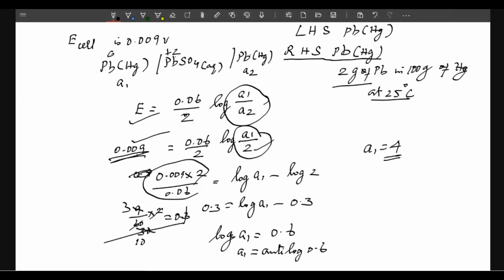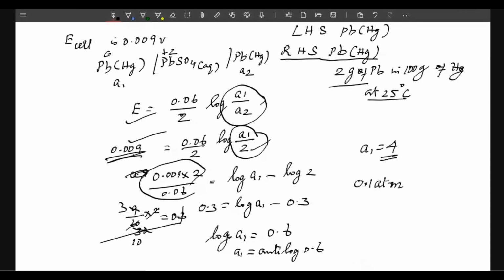Let's take down the problem. In an electrode concentration cell, in the left-hand side, that is the anode, 0.1 atmosphere gas is passed through an electrolyte. And 0.01 atmospheric pressure of the gas is passed through the cathode.